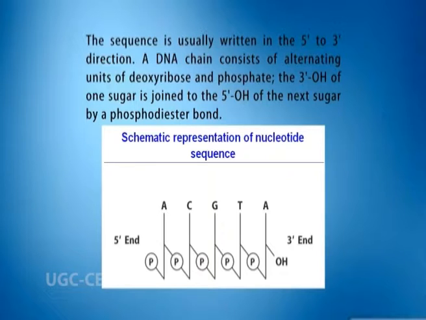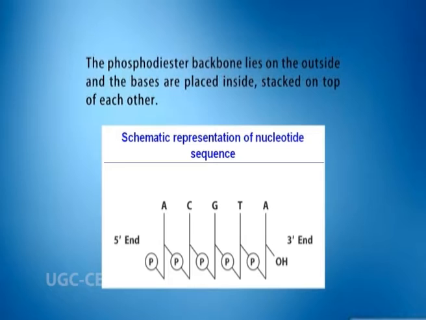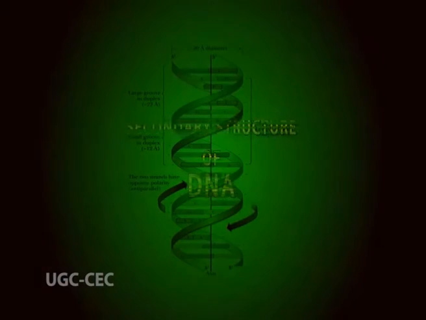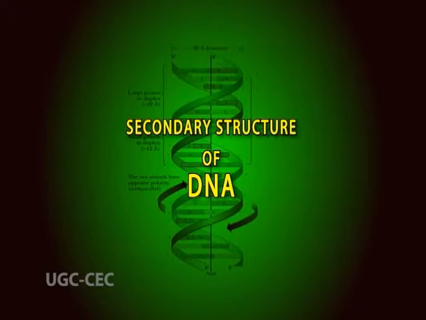The 3' hydroxyl group of one sugar is joined to the 5' hydroxyl group of the next sugar by a phosphodiester bond. The phosphodiester backbone lies on the outside and the bases are placed inside, stacked on top of each other.